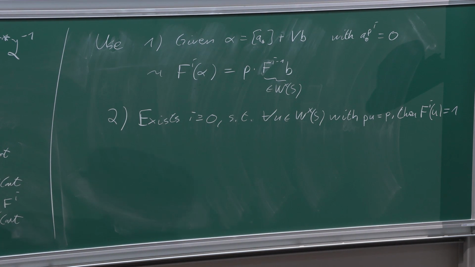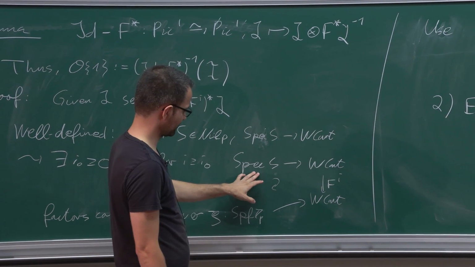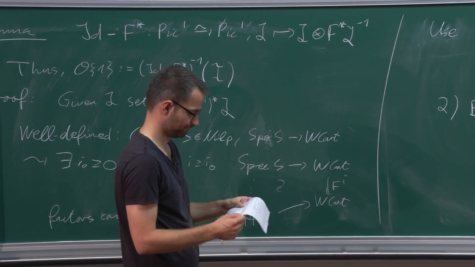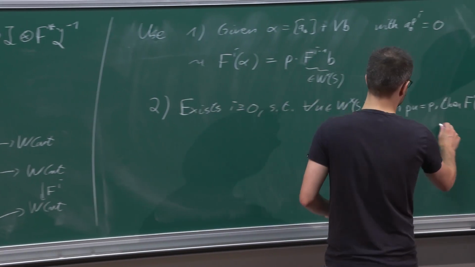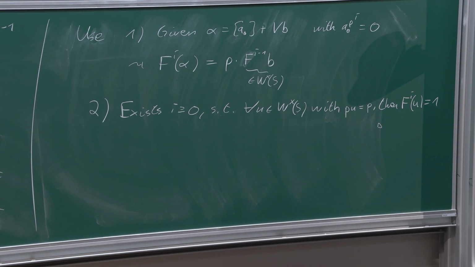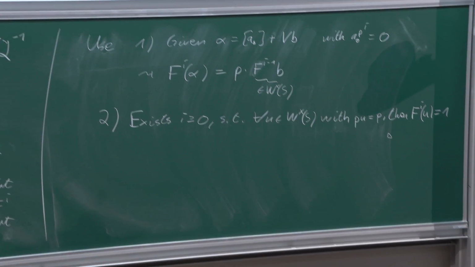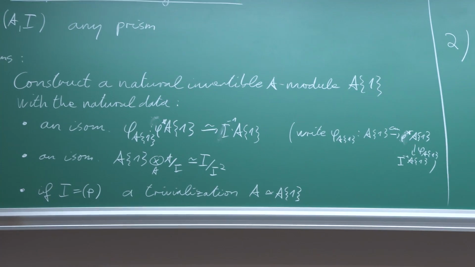And so therefore, one really gets a canonical factorization of this morphism from spec S to W card over spf of Z_p. Yeah, so this is what I wanted to show here. And so now I want to mention this second isomorphism here.